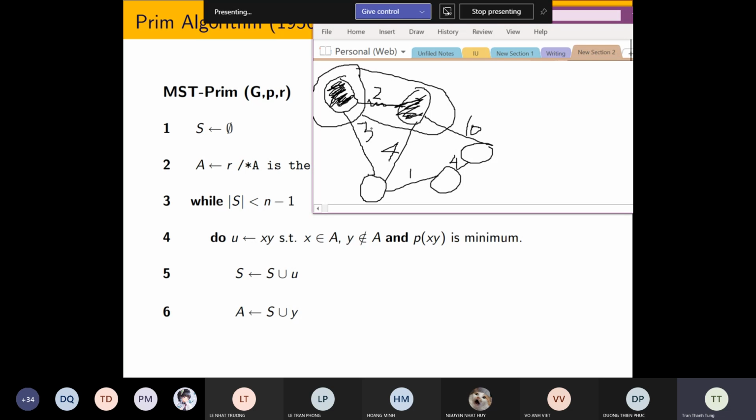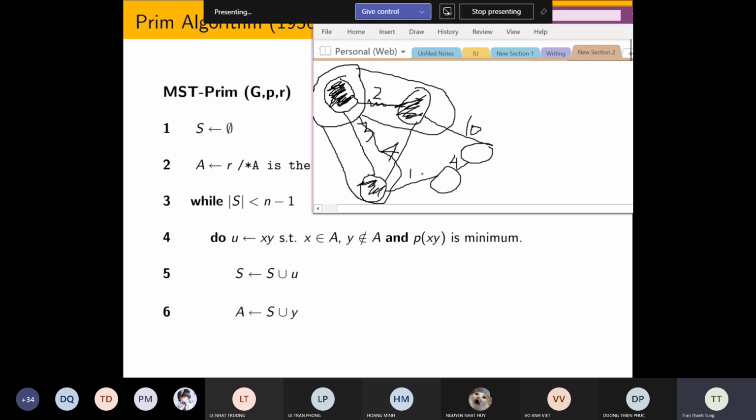So this time we have 1, 2, 3 edges going out of the set. The smallest will be 3, so we take it. Next, this edge 4 is between two vertices in the marked set, so we will not consider it anymore.